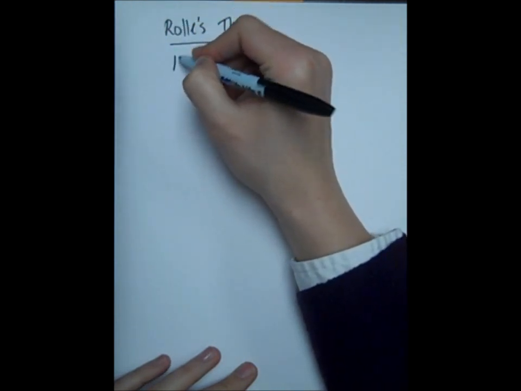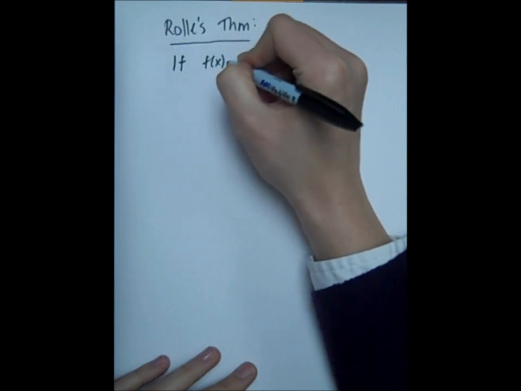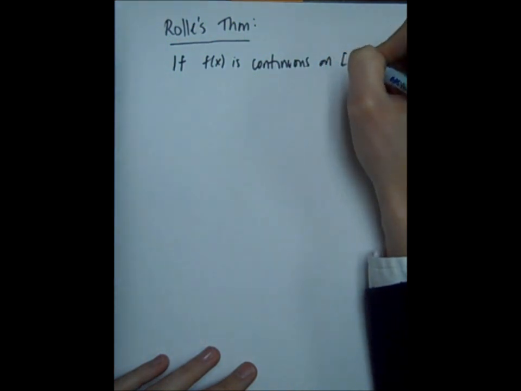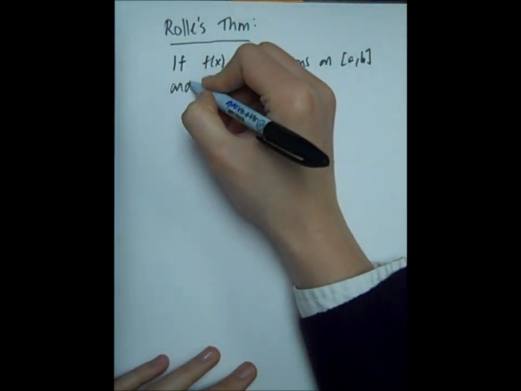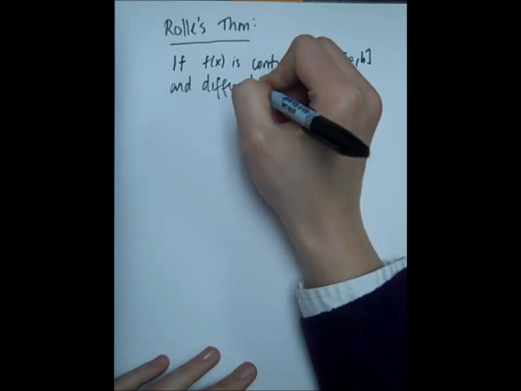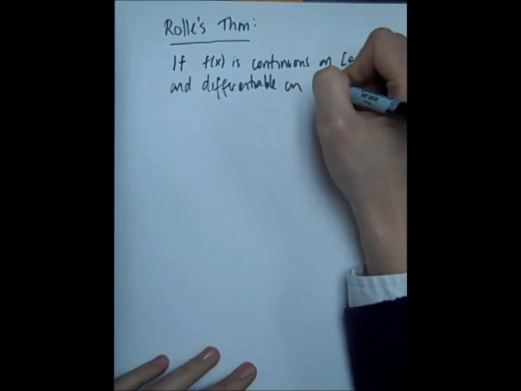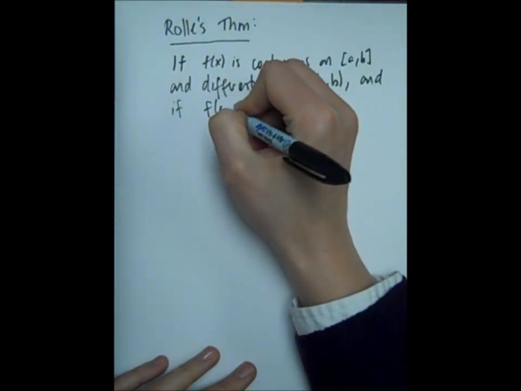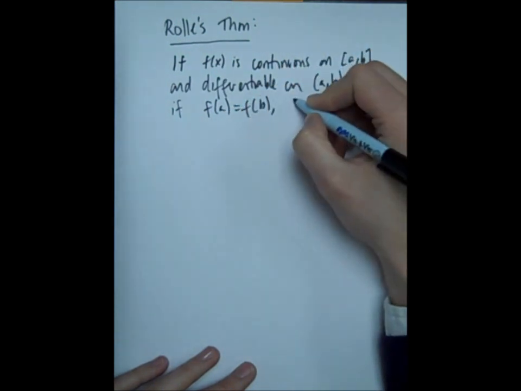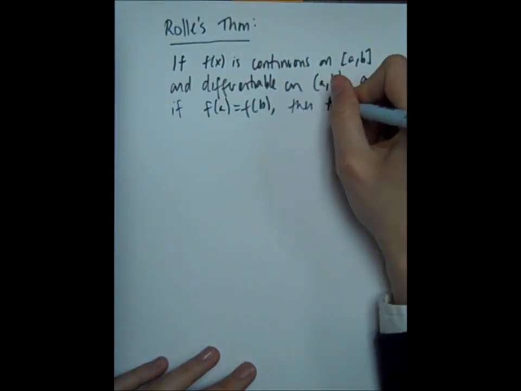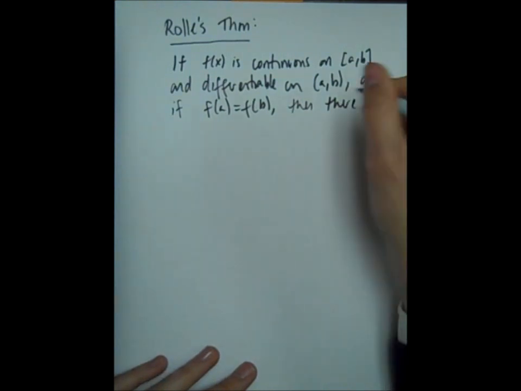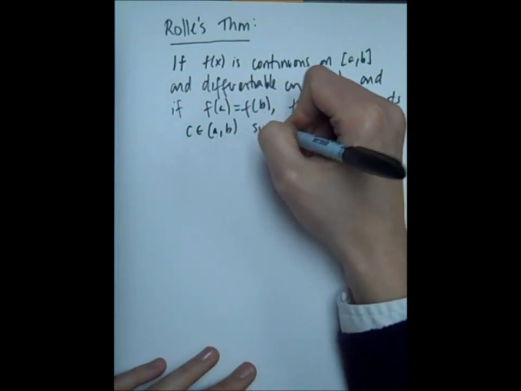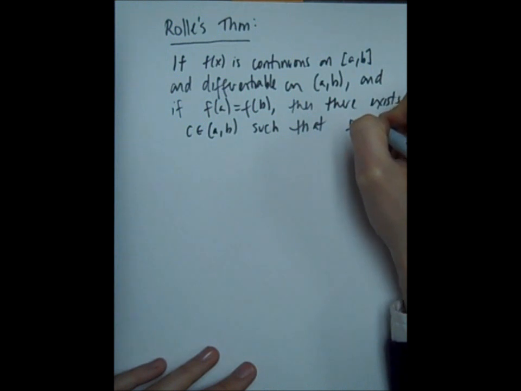What it says is that if f of x is continuous on a closed interval from a to b and differentiable, meaning I can take the derivative, differentiable on the open interval from a to b, and if f of a equals f of b, then there exists some number c in the interval such that f prime of c is 0.